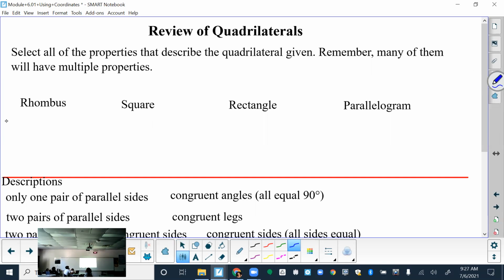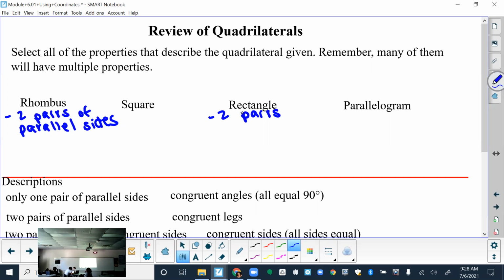A rhombus will have 2 pairs of parallel sides. All right, so rhombuses have 2 pairs of parallel sides. Other things that have 2 pairs of parallel sides: rectangles.